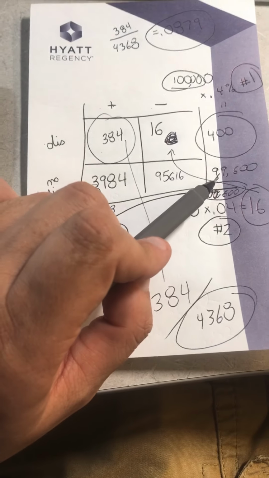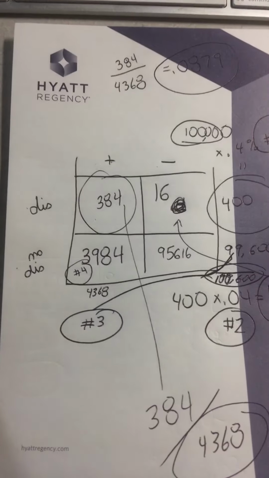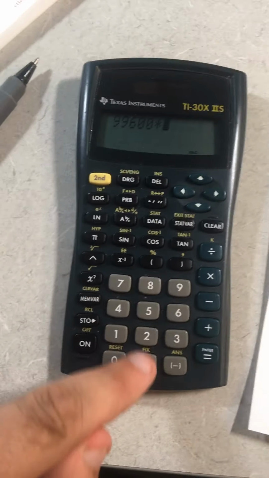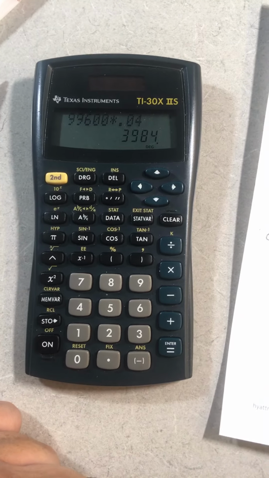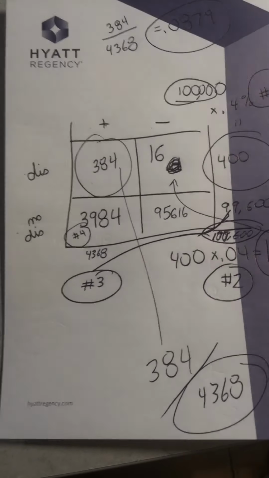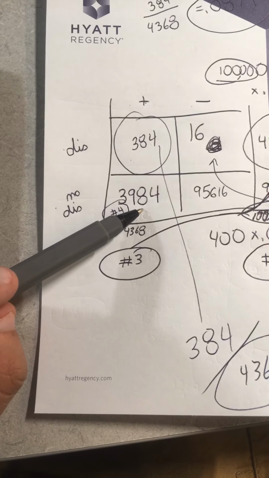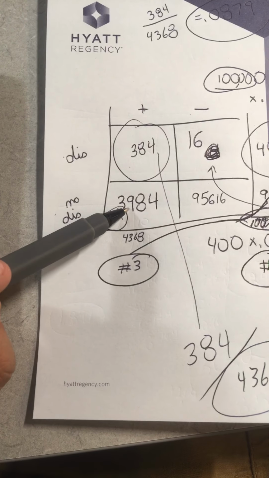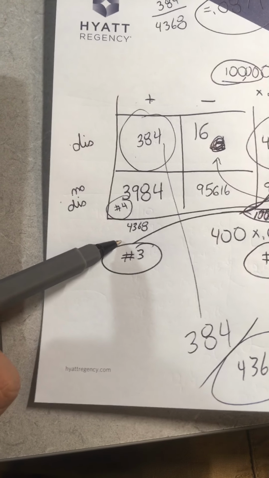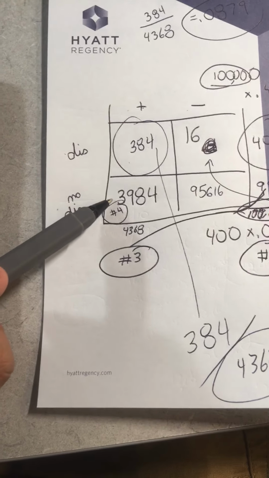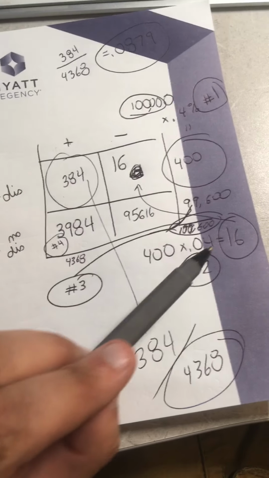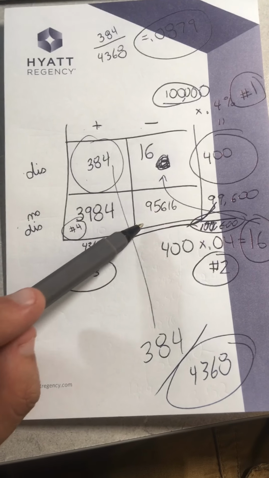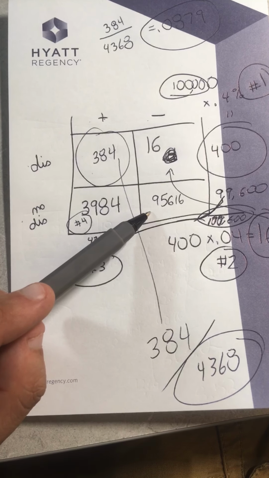So now 4% of 99,600 is 3984. That goes right here. So now I should be able to add up 384 and 3984 to get this 4368. If I know that this is 3984 and that this is 99,600, 99,600 minus 3984 will get me 95,616.